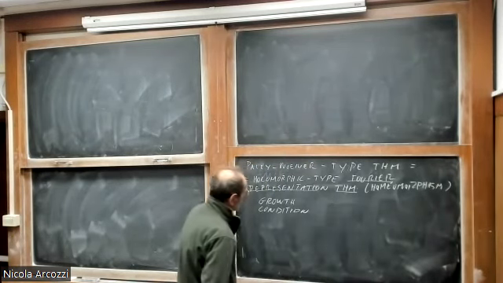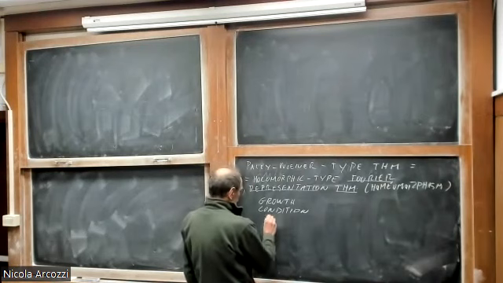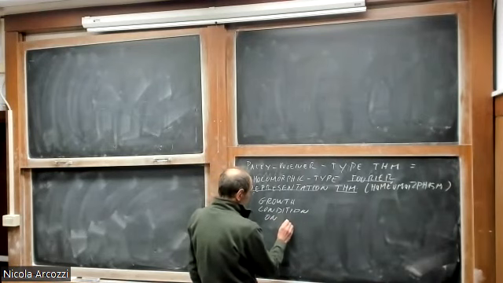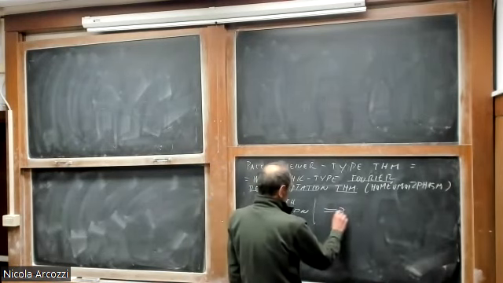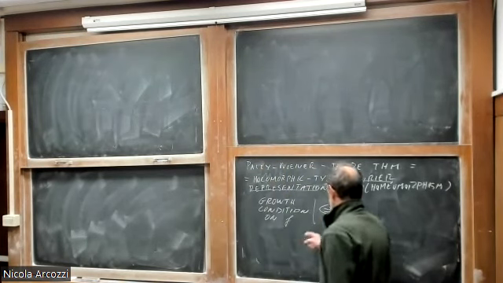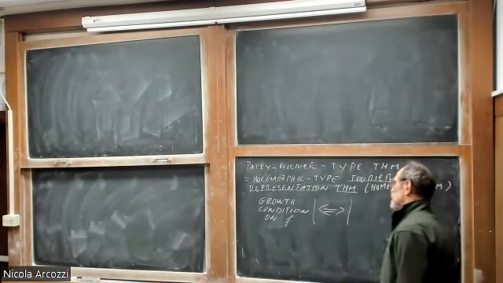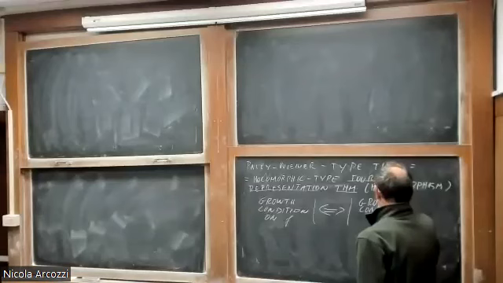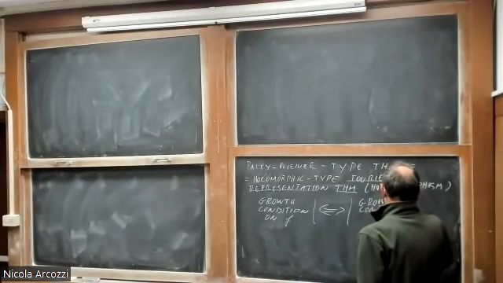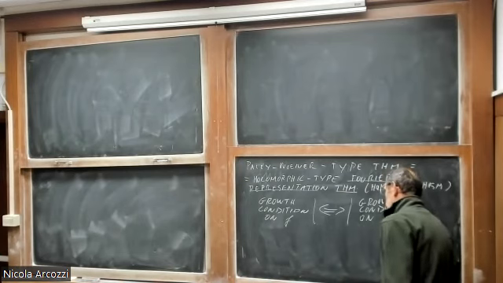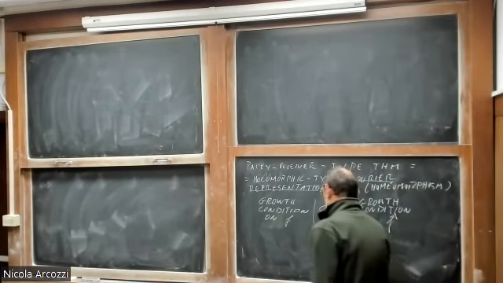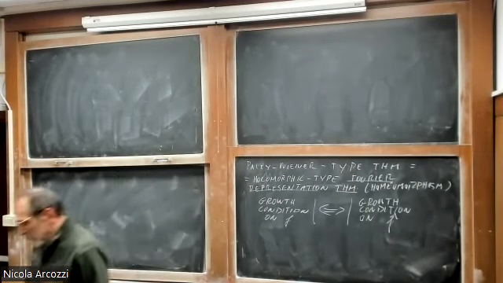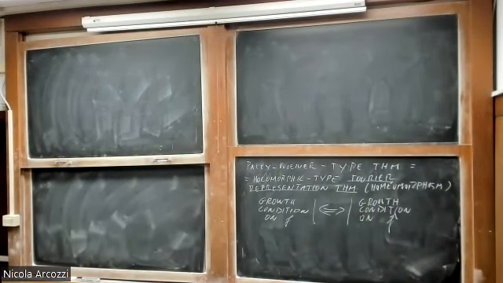You have some growth condition on f, and you want to show that this is equivalent to a growth condition at the head. And typically, one of these directions is easy, and the other is less easy.